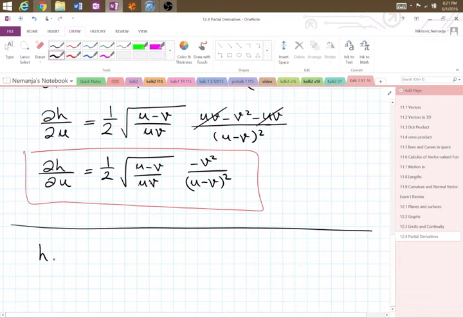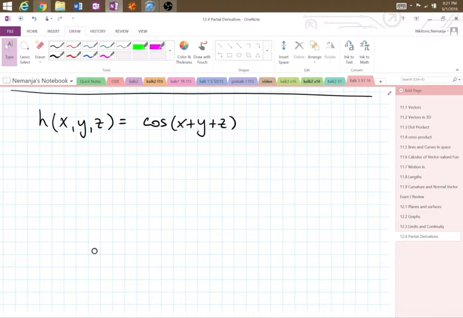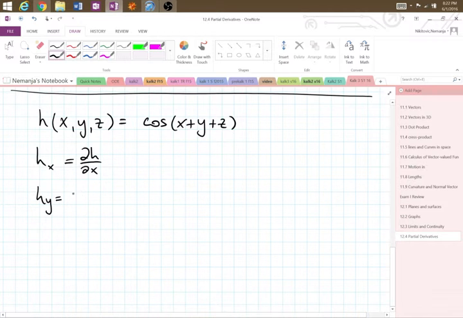So h of xyz is equal to cosine of x plus y plus z. Find all three partial derivatives. Find hx, which is partial h partial x. Find hy, which is partial h partial y. And find hz, which is partial h partial z. So find all three partial derivatives.